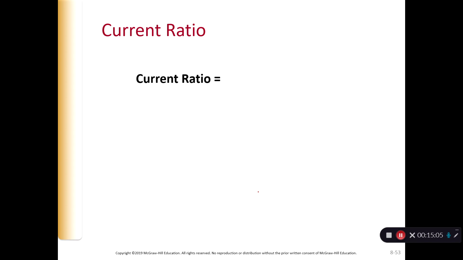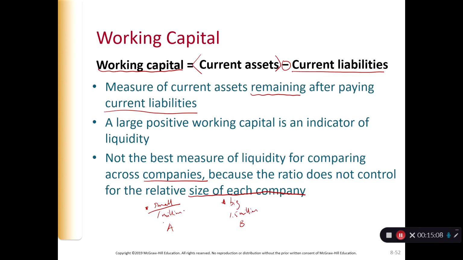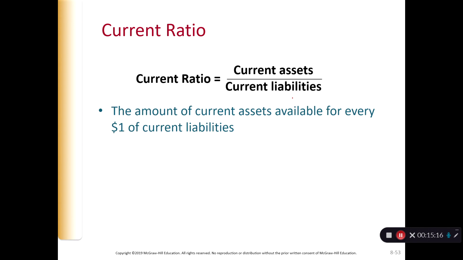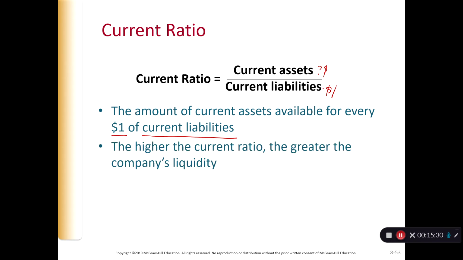Okay, so to improve comparability across companies, there's a ratio we can use. It's basically current assets divided by current liabilities, for example, the amount of current assets available for every $1 of current liability. So for $1 of current liability, how many dollars of current assets do you have? A higher current ratio means greater liquidity.